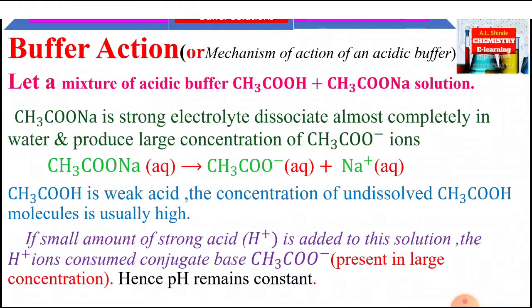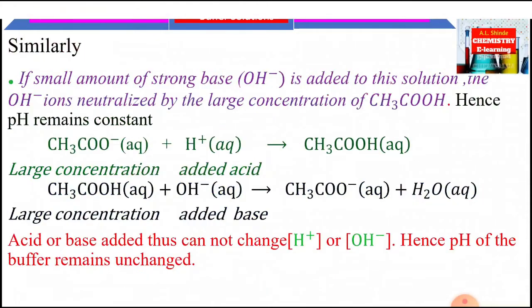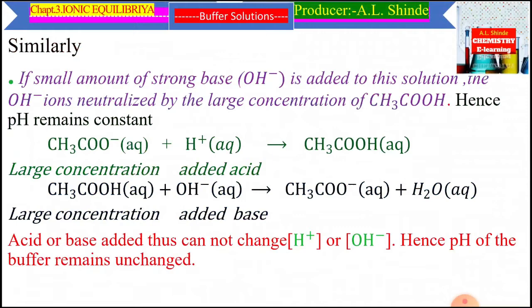Hence, pH remains constant. There is no change in pH. Similarly, if a small amount of strong base containing OH minus ions is added to this solution, the OH minus ions are neutralized by the large concentration of acetic acid. Hence, again pH remains constant.